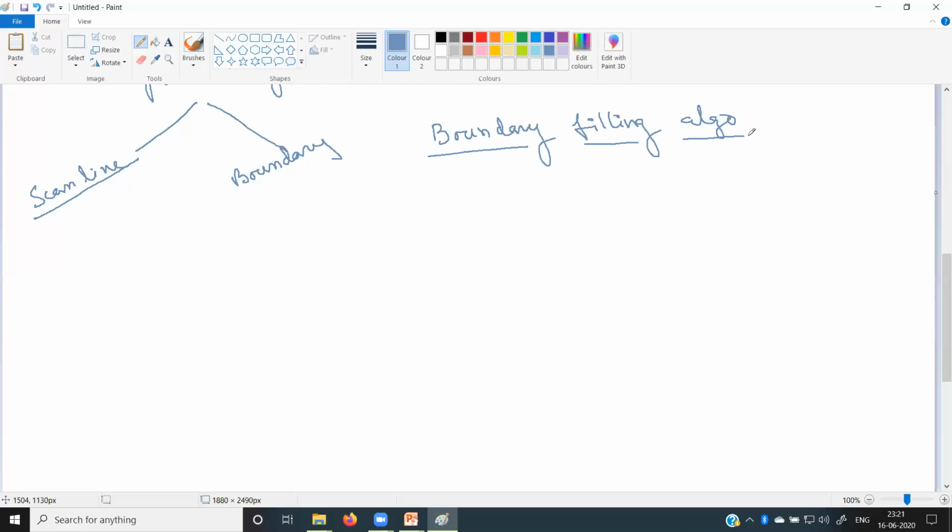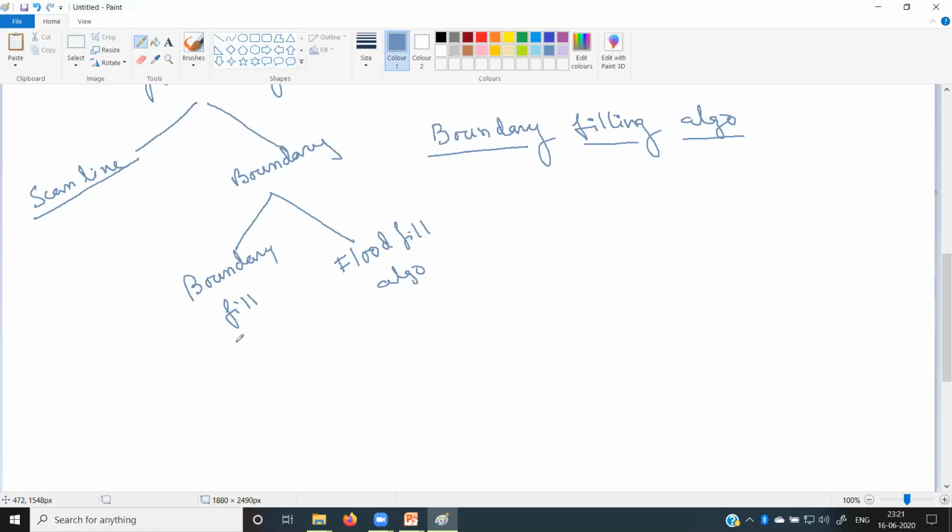Basically we can again divide it into two categories. The first one is called the boundary fill algorithm and the second one is called the flood fill algorithm. So two types of algorithms are there, boundary fill and flood fill.